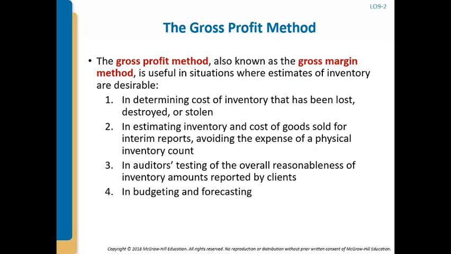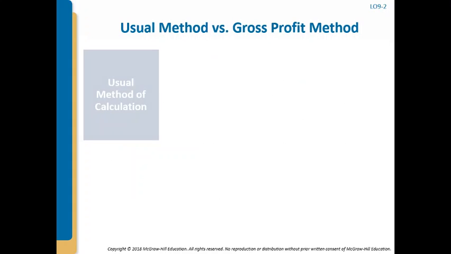It is also used when the external auditors are testing, well, internal auditors too, the overall reasonableness of inventory amounts reported by their clients. They're actually talking about external auditors, but it could be used by internal auditors as well. And of course, in budgeting and forecasting.